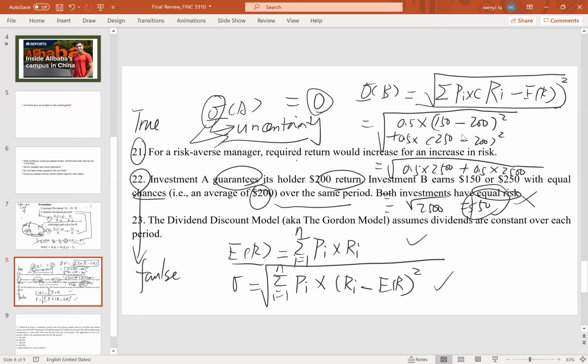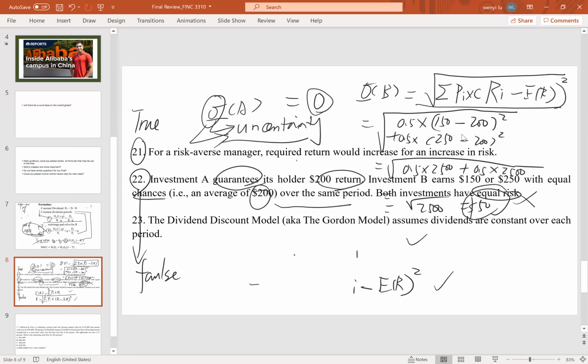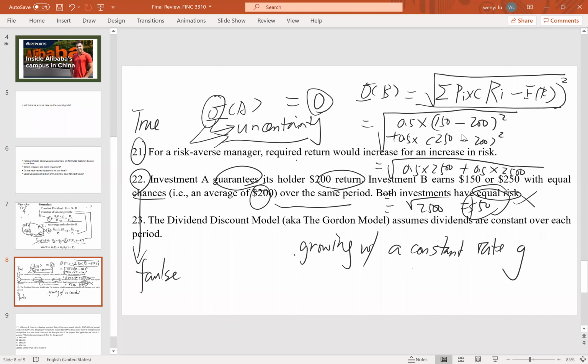23 is for the dividend discount model, also known as the Gordon model. The Gordon model assumes dividend is growing with a constant rate, G, right? But you see in this statement that dividend is constant, not the growth rate. It is not right.